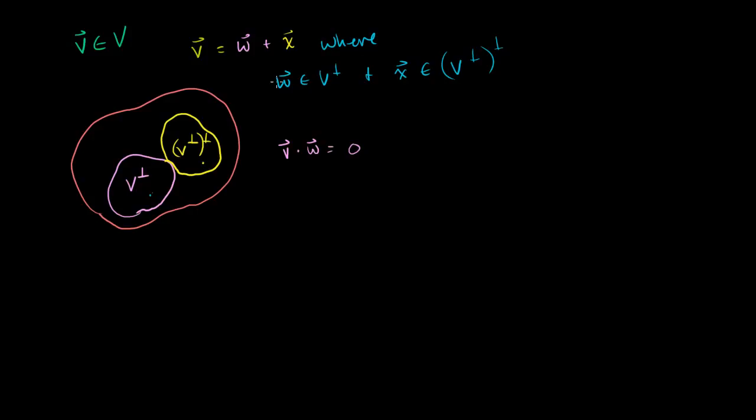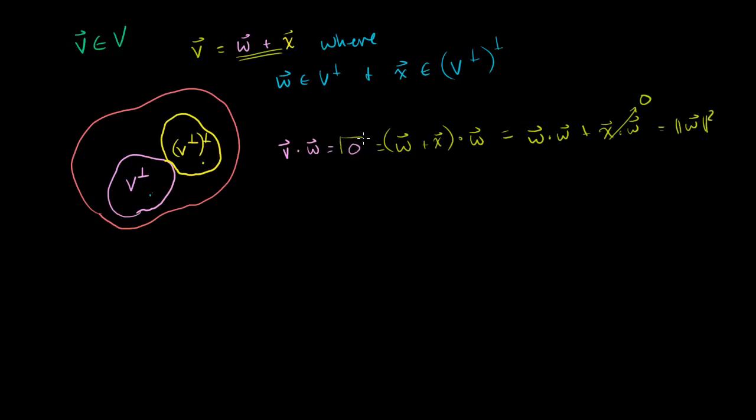Well, if we write v in this way, v dot w is the same thing as w plus x dot w, and this is going to be equal to w dot w plus x dot w. And then what's x dot w? x is in the orthogonal complement of the orthogonal complement, and w is in the orthogonal complement. So if you take their dot product, you're going to get 0. They're orthogonal to each other. So this is just equal to w dot w, or the length of w squared.